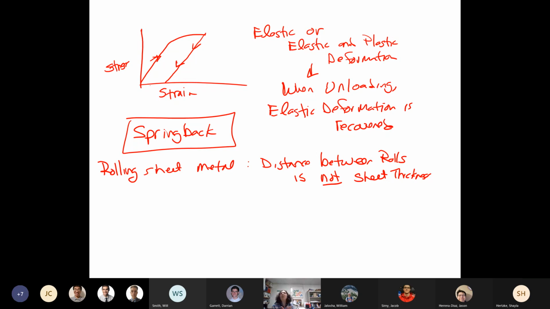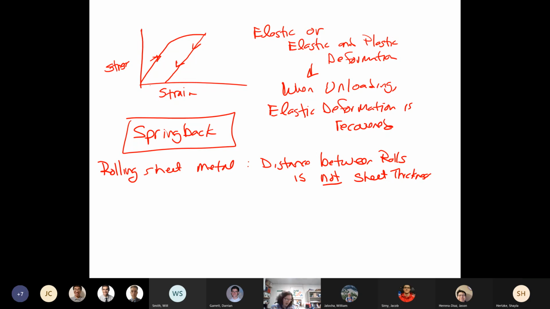When the metal comes out of the rolls, it is going to recover that elastic deformation and get larger.